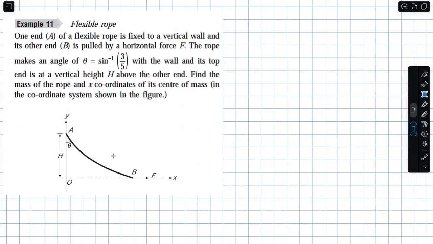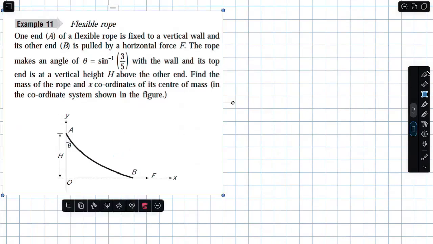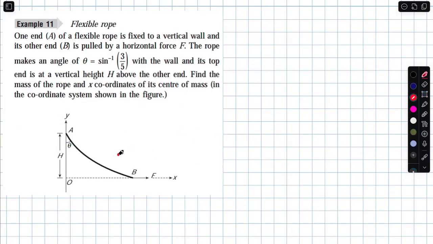Remember, I'm assuming that somewhere here I'm expecting the center of mass location, whose coordinates are x comma y. Right? No issues. What are the different forces acting on this system? I will have a tension force at A, let that be T sin theta, and let this be T cos theta.